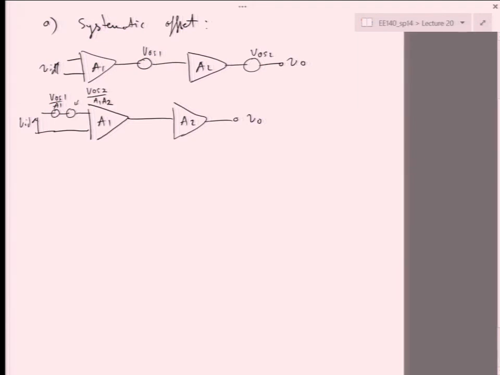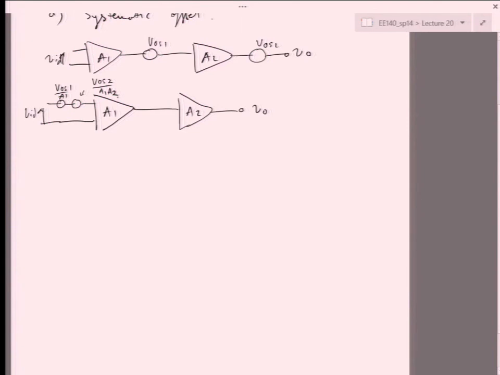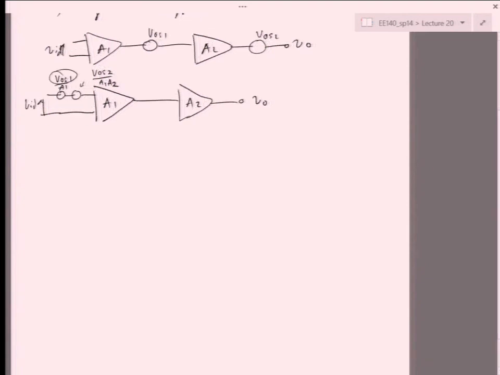So if you're looking at how the signal is really affected, the offset of the second stage is always far less important than that of the first stage. You should do everything in your power in terms of transistor sizing, biasing, etc., to minimize VOS1. If you can do that, then you've significantly removed the impact of the first stage offset, and the second stage offset will get naturally divided by the cumulative gain.